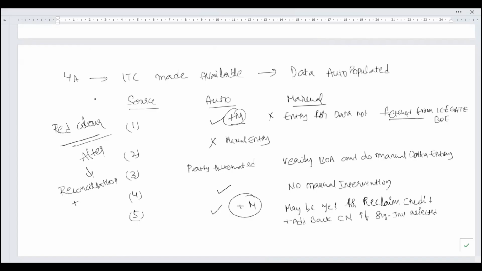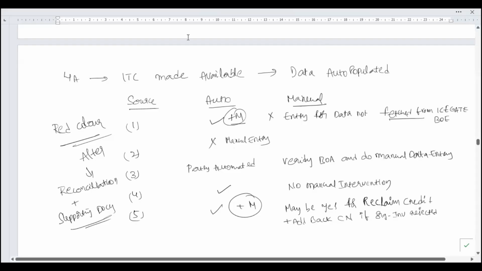Along with that reconciliation, you have your supporting documents. These are important with respect to my manual interventions. Now, I'll show you GSTR3B and this electronic credit ledger reclaimable statement also.